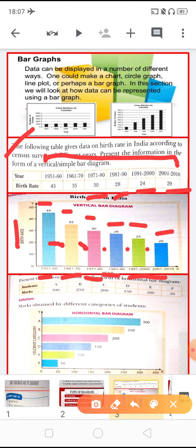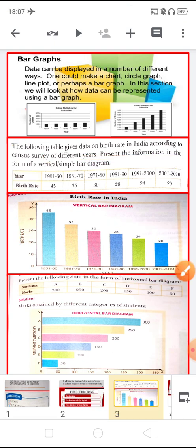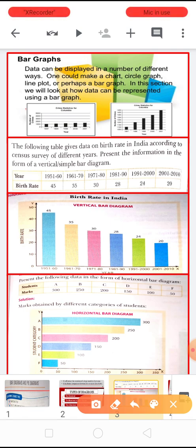Now if we see the horizontal presentation of data, children, the same data can be presented in the form of a horizontal presentation. Here, we have been asked to present the following data in the form of horizontal bar diagrams.